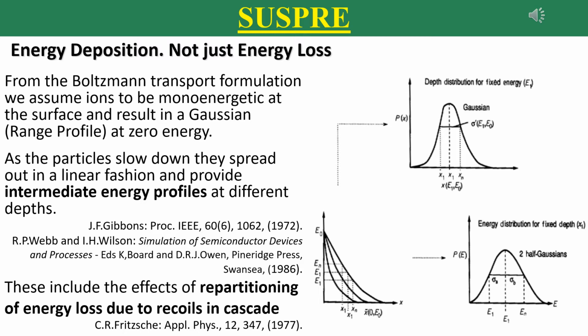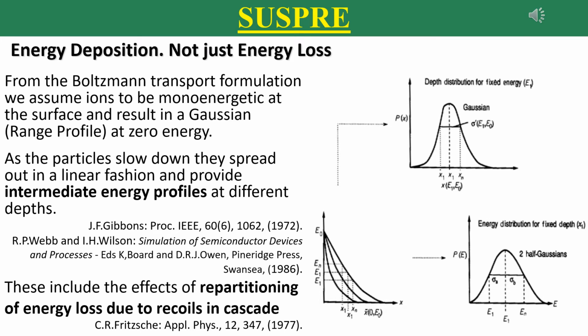It does this by looking at the way in which the energy is partitioned differently due to the recoils in the cascade as well. So the recoils themselves spread out the energy in the cascade throughout the solid, and that gives us a slightly different distribution from just looking at where the energy is lost by the ions.